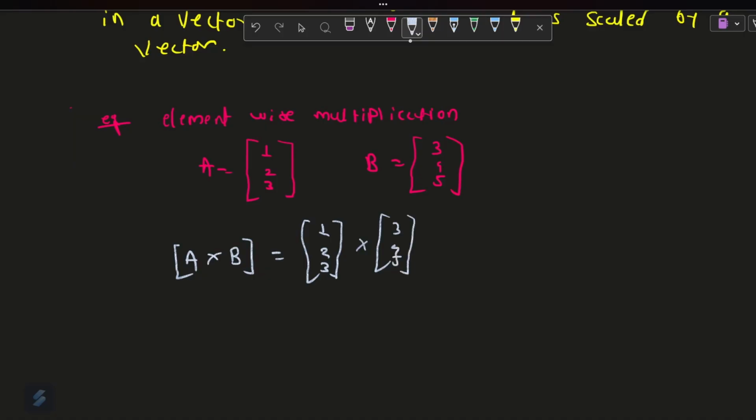The product is nothing but 1 multiplied by 3 is 3, 2 multiplied by 4 is 8, and 3 multiplied by 5 is 15. That is what we get in the same dimension.